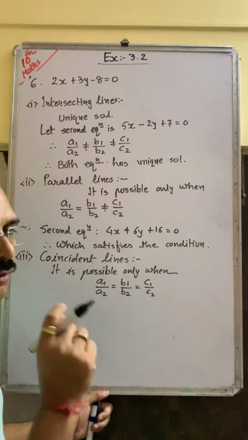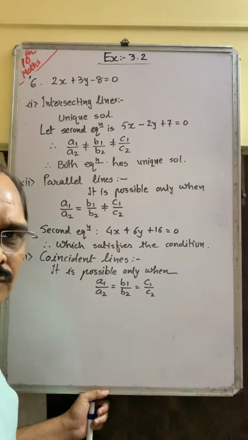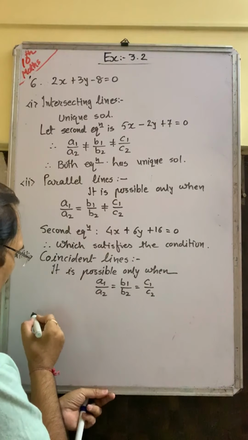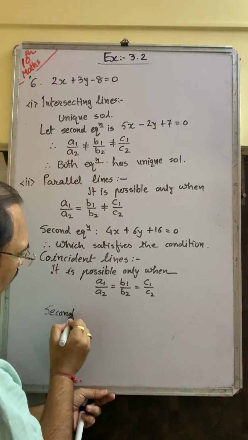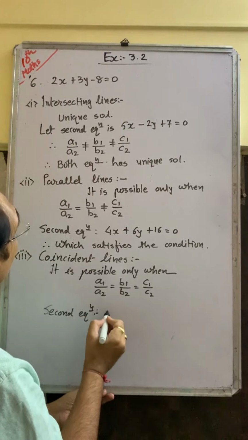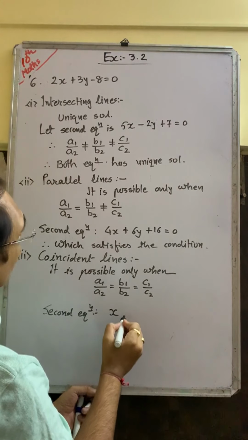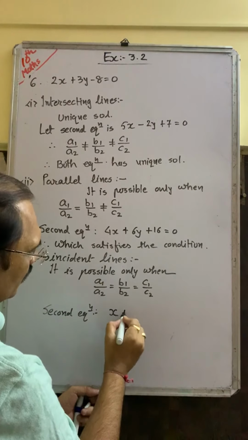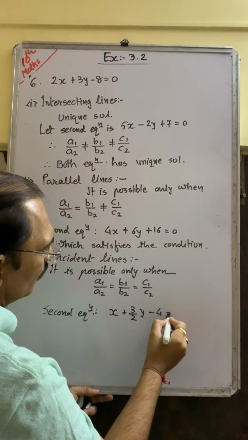It means both the equations should be the same. You can multiply it by 3, or by half also. Okay, I write the typical one. Multiply this equation by half. So the second equation will be: half multiplied here with 2 cancels to x, here with half 3 by 2 y, and here with half minus 4 equals 0.